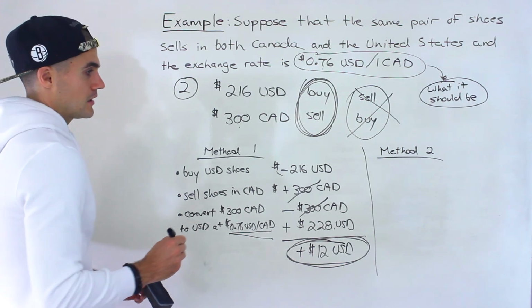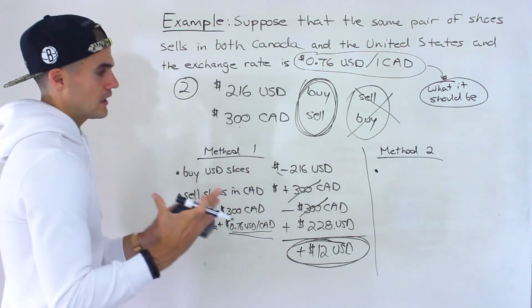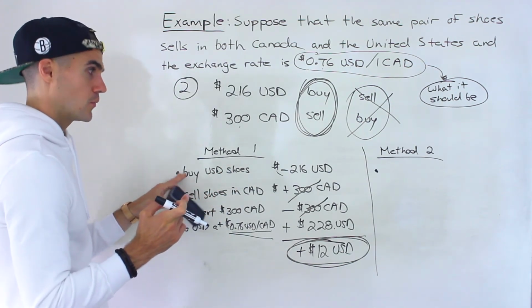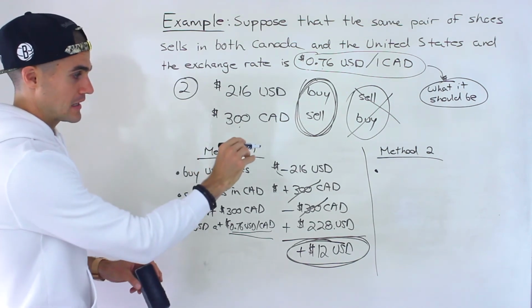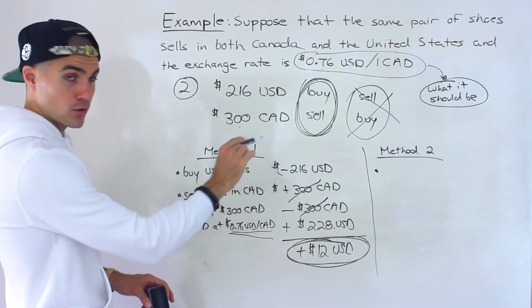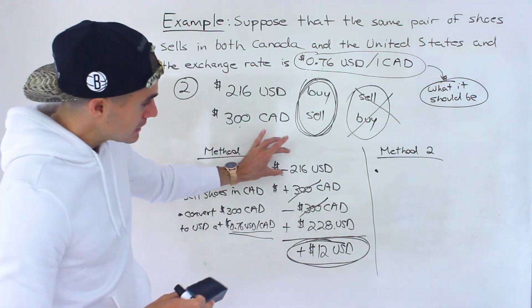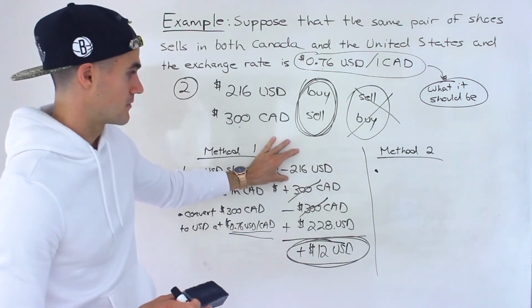Let's say we're starting out with Canadian dollars, but because we have to buy the shoes first, we'd have to take the Canadian dollars and convert them at the beginning. Notice here we did the conversion at the end of the method; here we're going to convert at the beginning. So we need 216 USD.